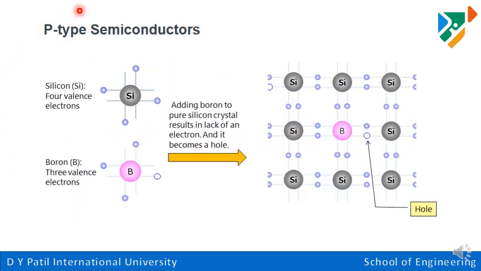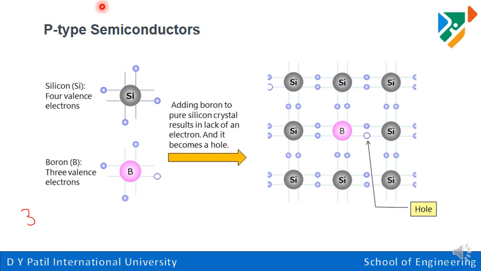So in order to construct the p-type semiconductor, we use the acceptor impurity. When the dopant is a trivalent atom, that is, an atom which consists of 3 valence electrons, then it is called the acceptor impurity, and the doping is called acceptor doping.